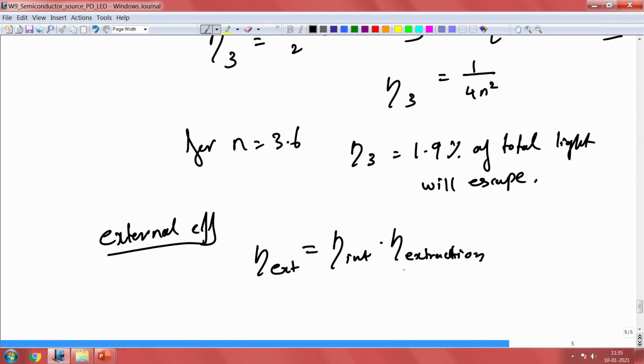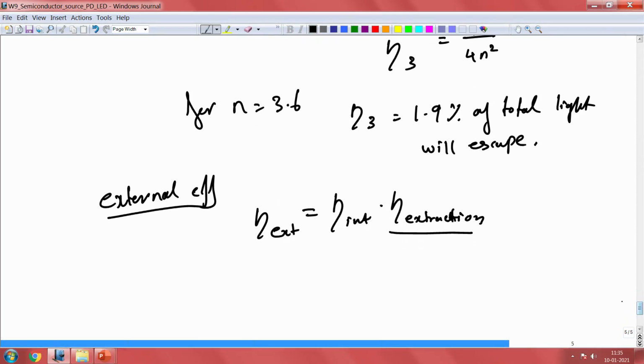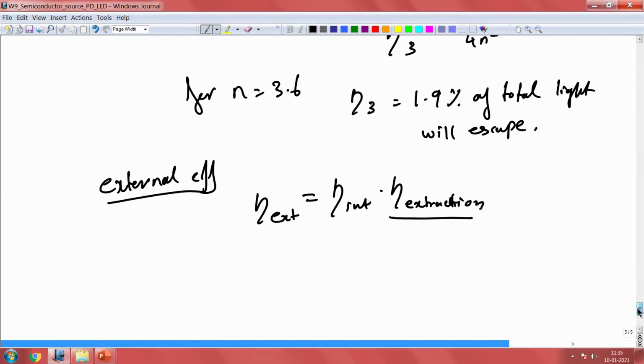So, the extraction efficiency is what we just saw. The internal quantum efficiency we already saw is just based on the injection, but the extraction efficiency depends on your structure and the refractive index and so on.